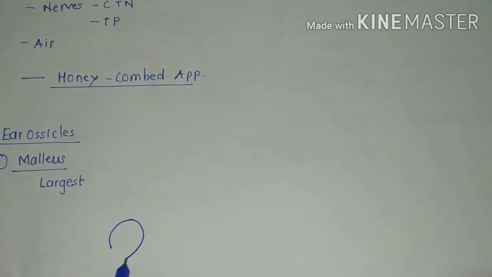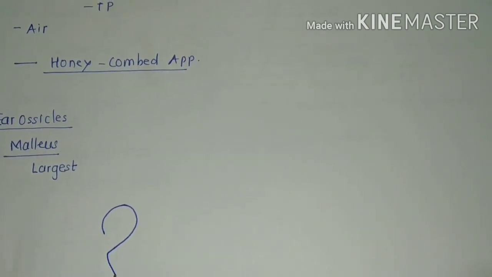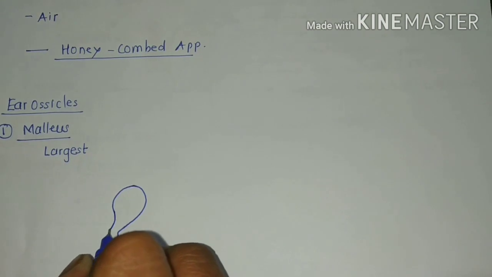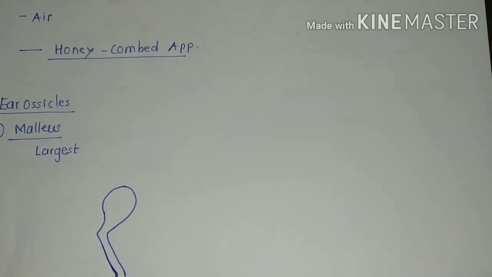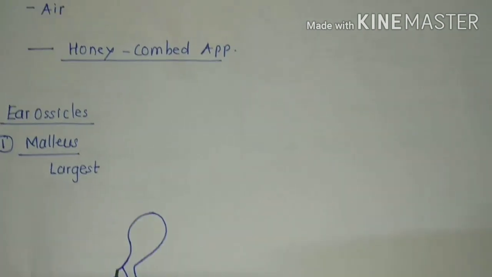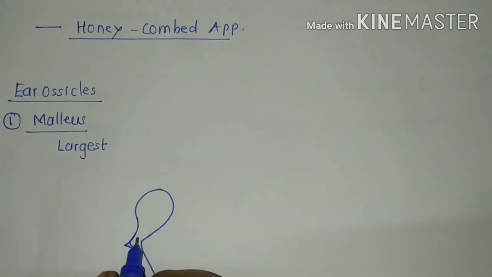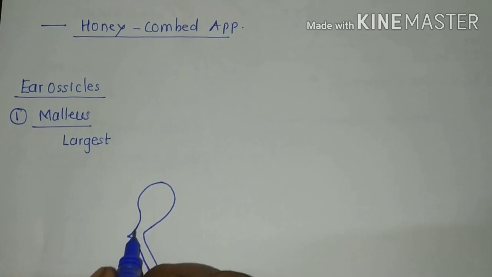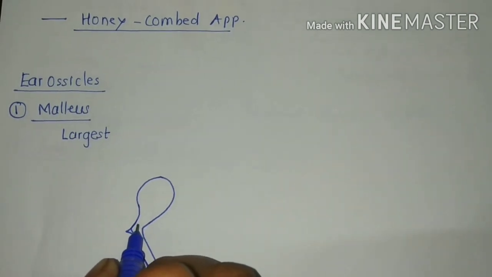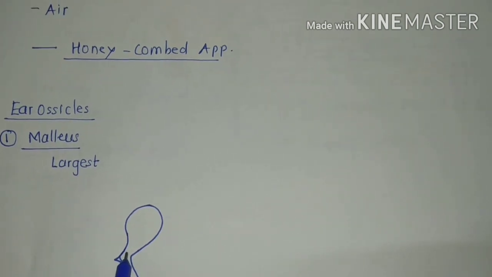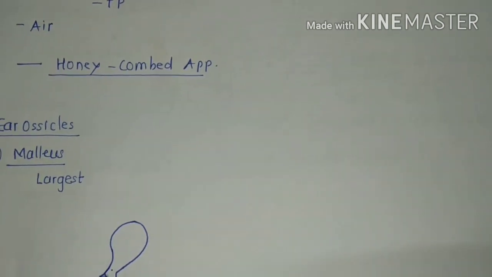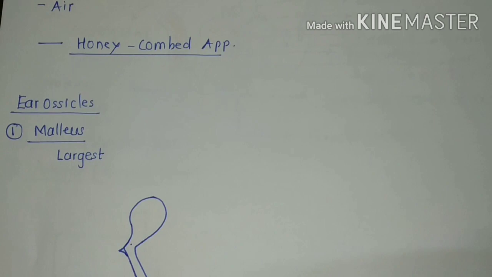So this is the head of the malleus, neck, then this is the handle of the malleus, this is the anterior process, and here there lies the lateral process. I can't show you the lateral process because we are seeing this ear ossicle from the medial aspect, but here there will be the position of lateral process.